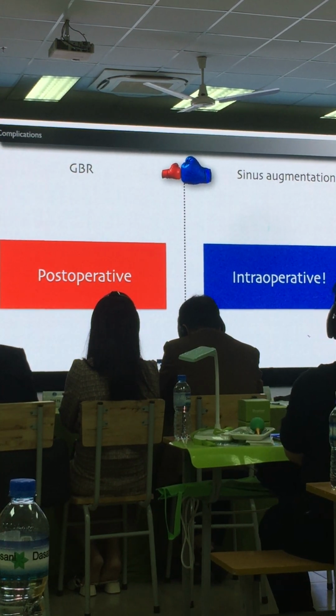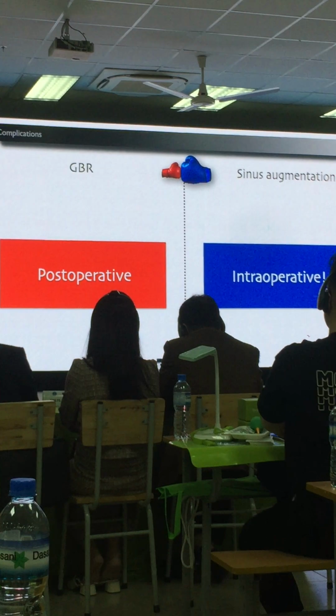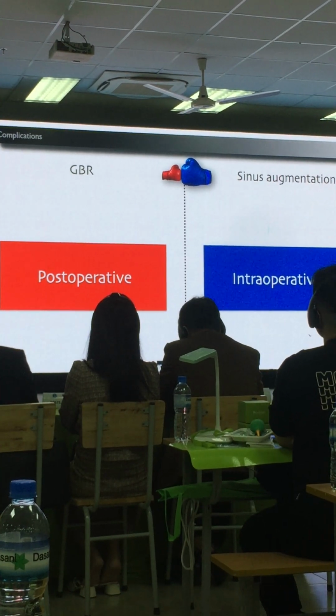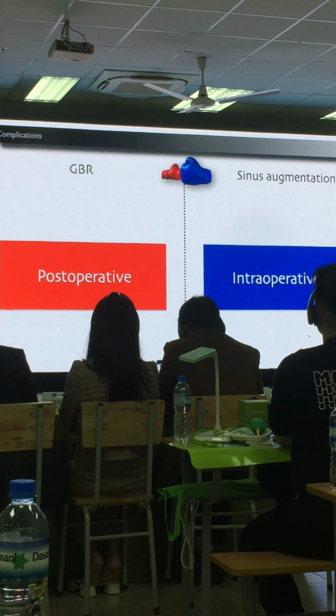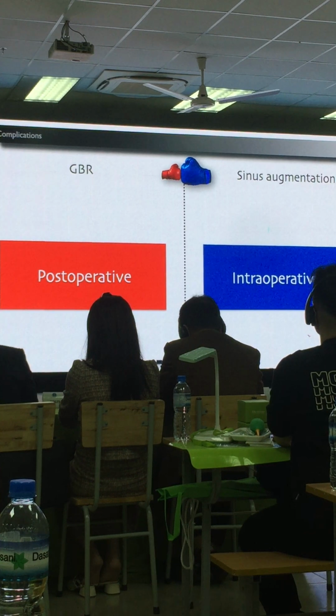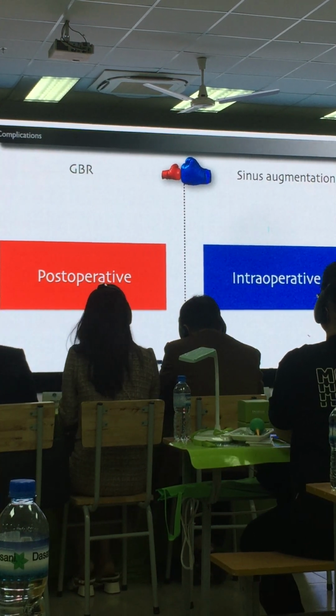Persistent bleeding and severe swelling, the scary events, occur later, 1 week or 2 weeks later. In sinus augmentation, scary events can occur during surgery. Mostly, perforation of the sinus membrane is frequent. Once it occurs, coverage is very tricky.